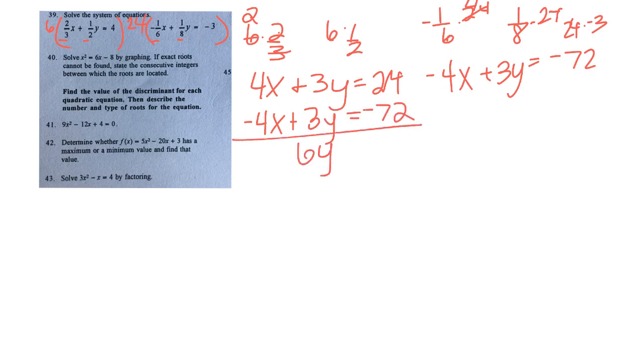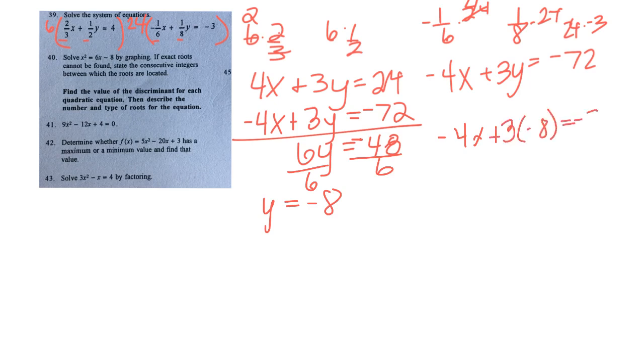I get 6y equals, that's negative 48, divide by 6, so y equals -8. And then we plug that in, negative 4x plus 3 times -8 equals -72.